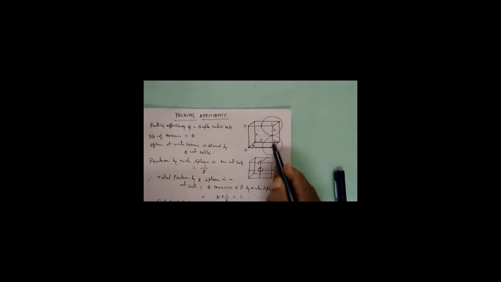Now, let us see the edge length. See here, this is the edge length. This is AB or BC or CD or DA. Since it is a cube, all the edge lengths are the same. So, let the edge length be a units. Along this edge, say BC, there is one sphere here and one sphere here.